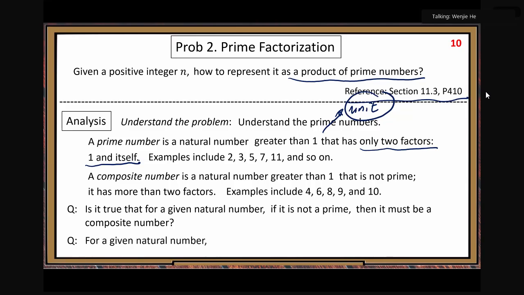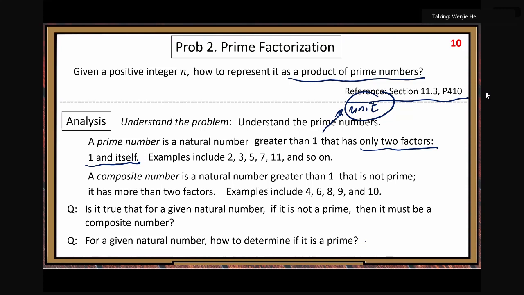For a given natural number, how to determine if it is a prime? Now, we really need to solve the problem. Our computing problem number 2. Now we try to solve it. For a given natural number, how to determine if it is a prime or a composite number?